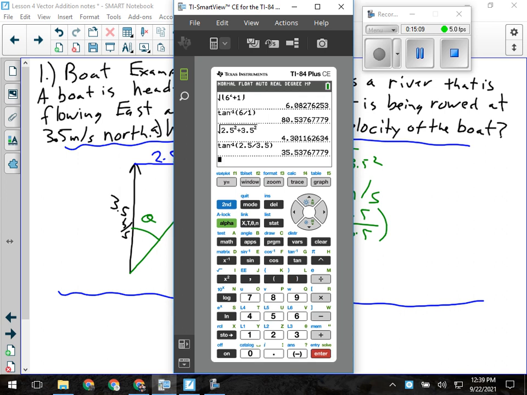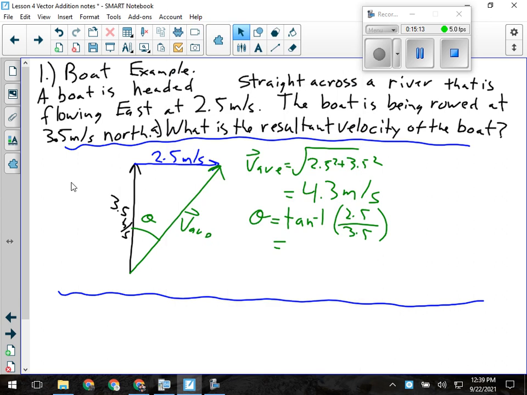So it's going to be 36 degrees east of north. All right, so my average velocity is 36 degrees east of north.